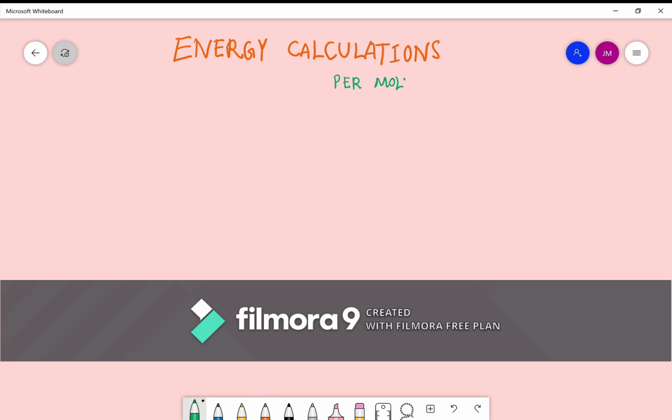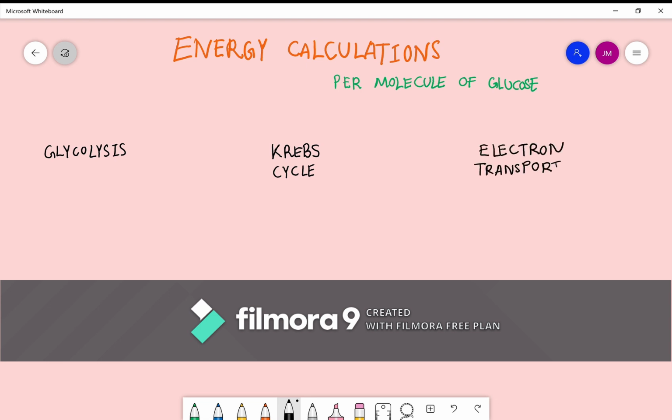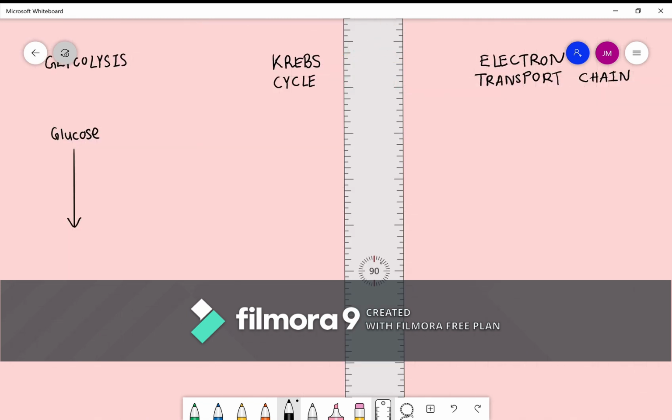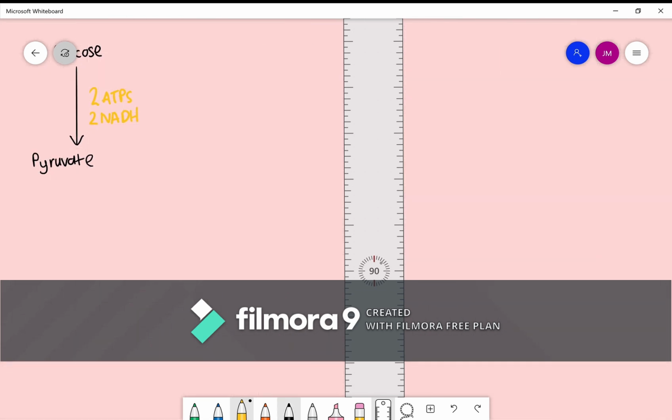Now, let us talk about the overall energy calculations per molecule of glucose that passes through the biochemical cycles of glycolysis, Krebs cycle, and the electron transport chain. In glycolysis, when glucose is converted to pyruvate, we get a net of 2 ATPs and 2 NADH.